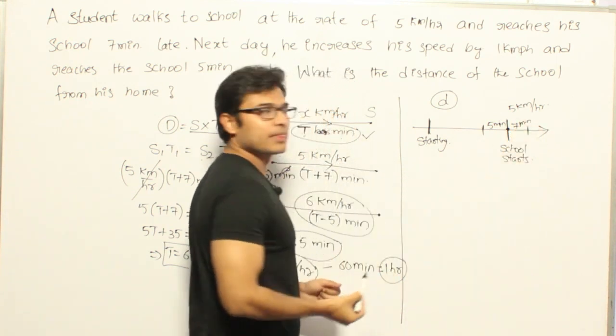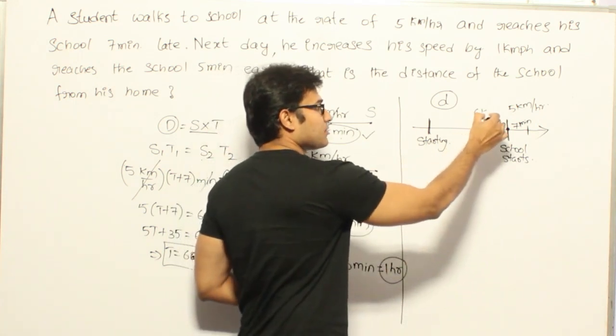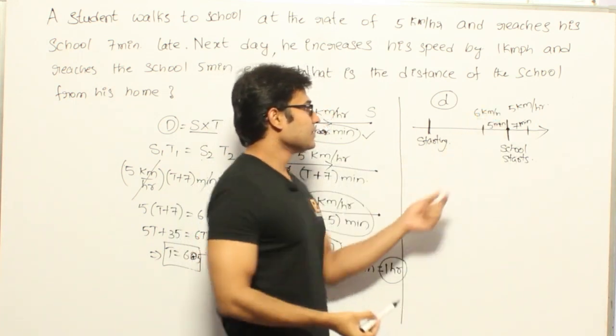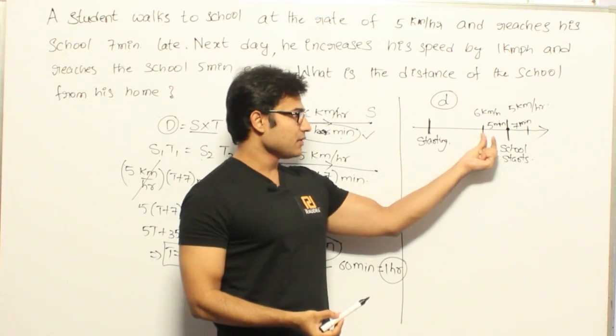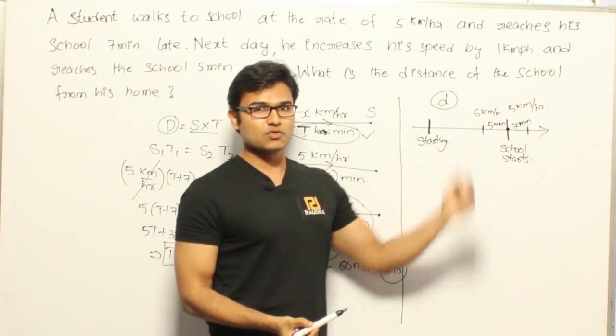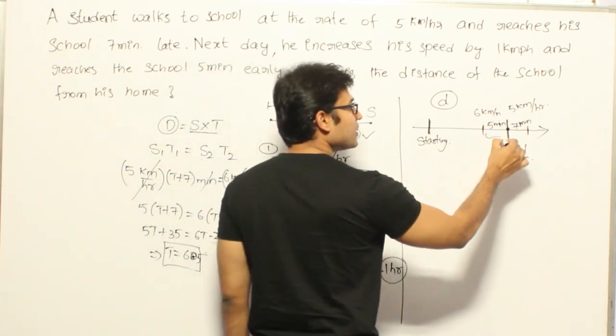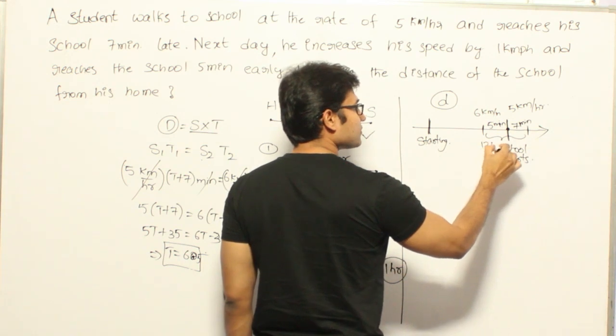Are you getting this? If he is traveling at 6 kilometers per hour, then he is reaching the school 5 minutes early, and if he is traveling at 5 kilometers per hour, he is reaching the school 7 minutes late. Therefore what is the difference here? The difference is 12 minutes, right?